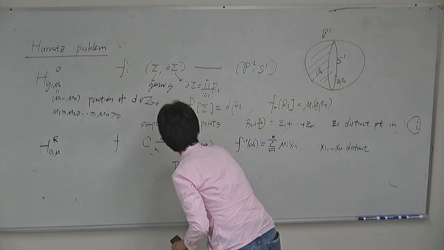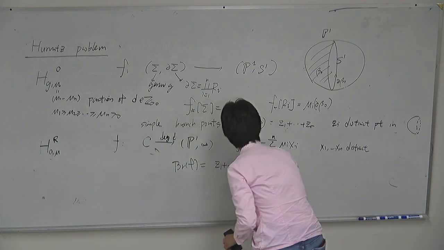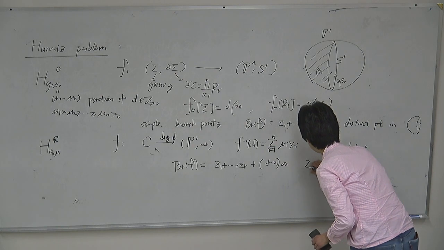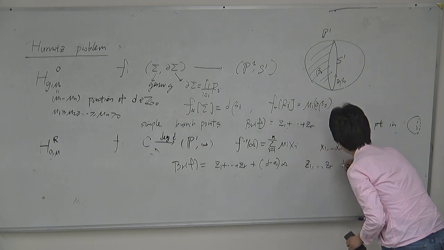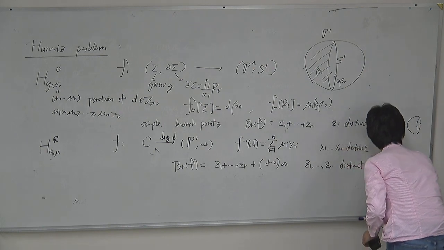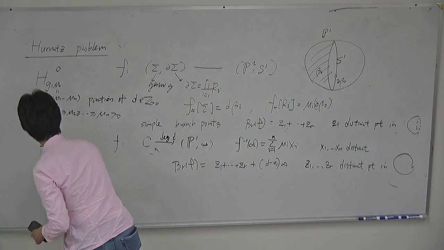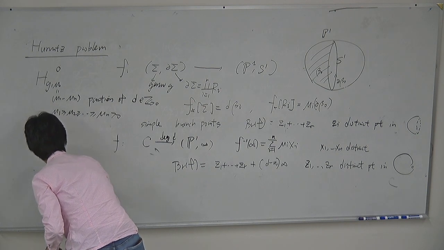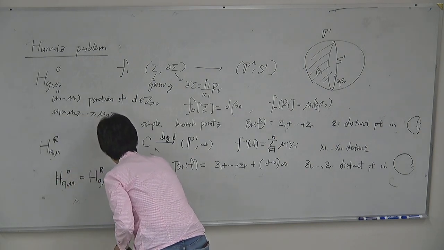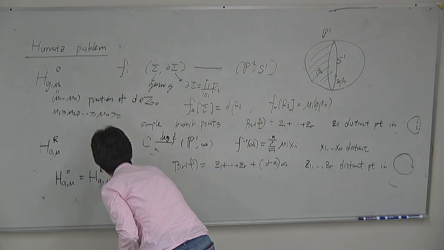So the branch divisor is Z1 plus ... plus ZR plus D minus N infinity, where Z1 to ZR are distinct points. So combinatorially, this is the same combinatoric problem, and also the Burnside formula gives it.